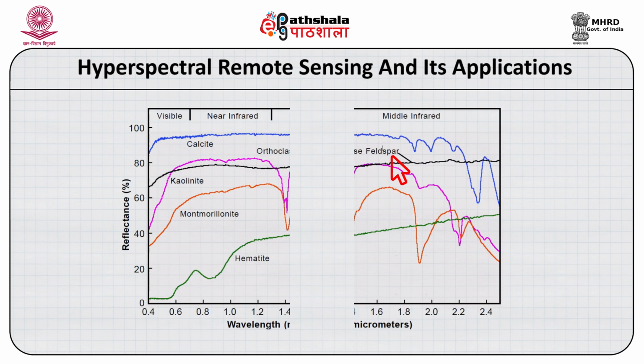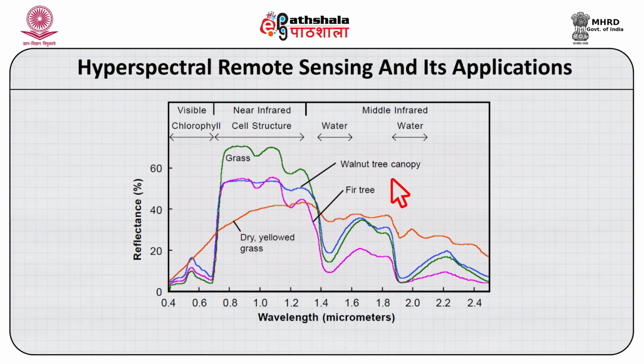Now, if we see figure 7, it is another very fine example of hyperspectral data: reflectance spectra of different types of green vegetation compared to the spectral curve of a dry yellowed leaf.